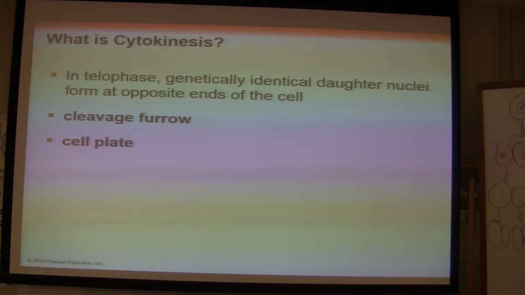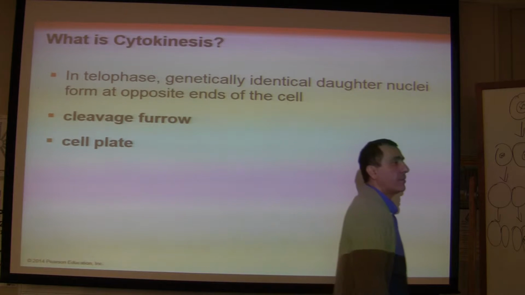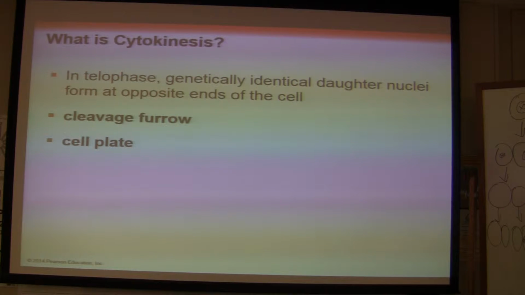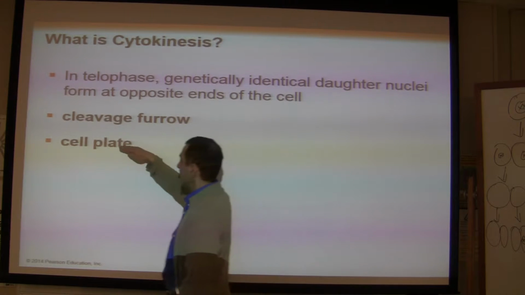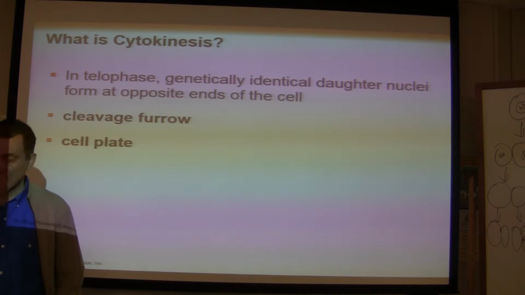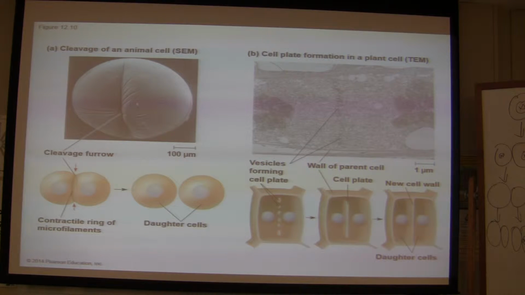Animal cells have a cleavage furrow. Plant cells have a cell plate. So the cleavage furrow is for animal cells, and the cell plate is for plant cells. And that's the difference.